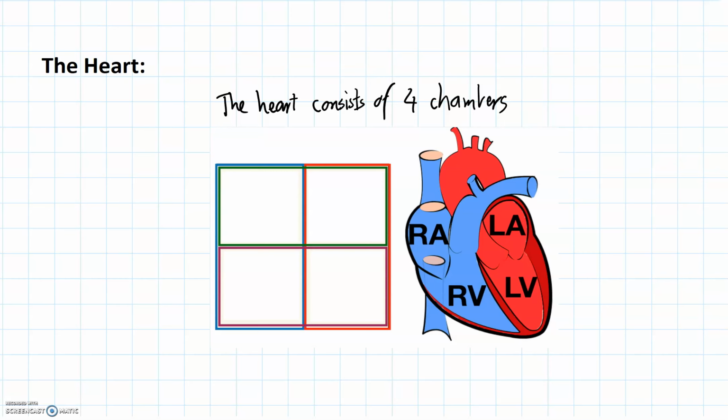So the top 2 chambers, which are called RA and LA here, they're called the atria. You might hear atrium as well. So atria is the plural and atrium is the singular. If you're talking about one, it's just an atrium. So the top 2 parts of the heart are called the right atrium and the left atrium.